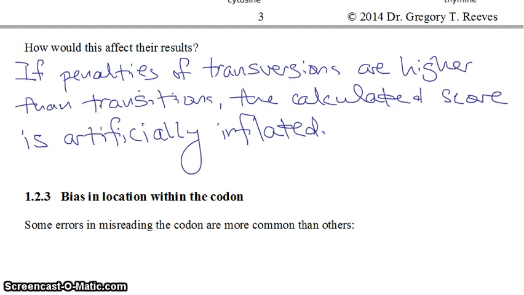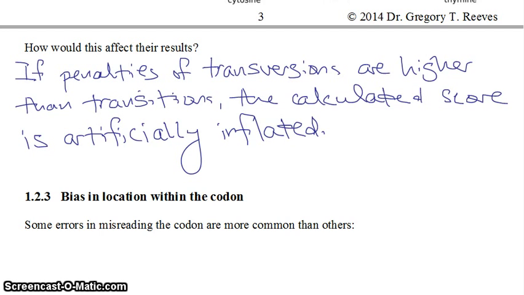Now, the second kind of bias that they looked at, and to jump to the punchline, yes, when you took into account this bias of the kind of mutation, it did actually improve the score of the natural genetic code, which we'll get to in a little bit.